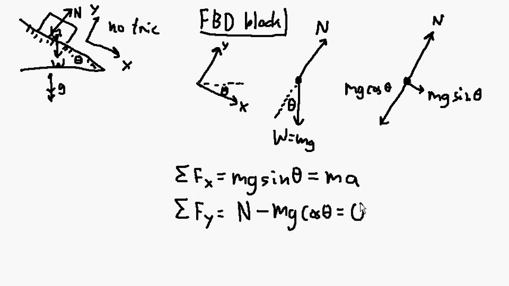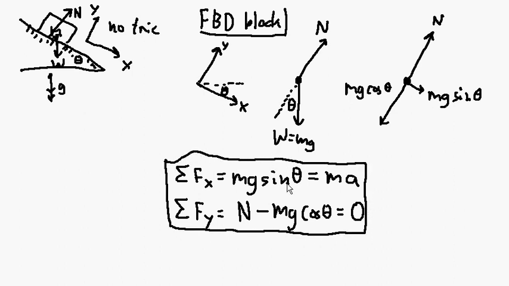It's staying on the slope. So from this, if we wanted to find stuff out, this is done with what we were asked to do. But if we wanted to, we could say that the normal force has to be equal to this for this to equal 0, right? So normal force equals mg cosine theta.